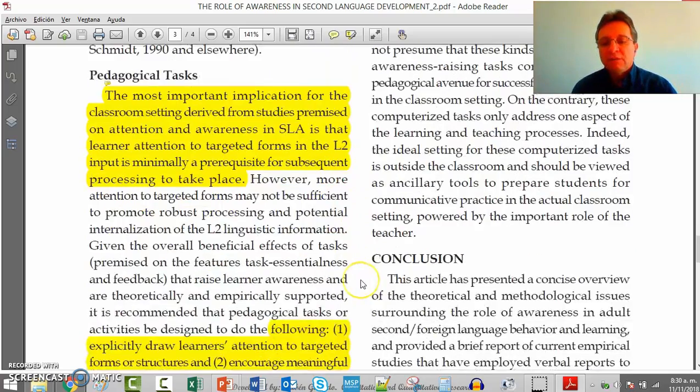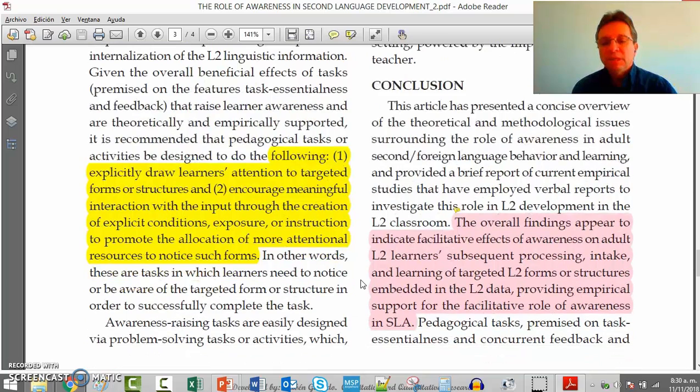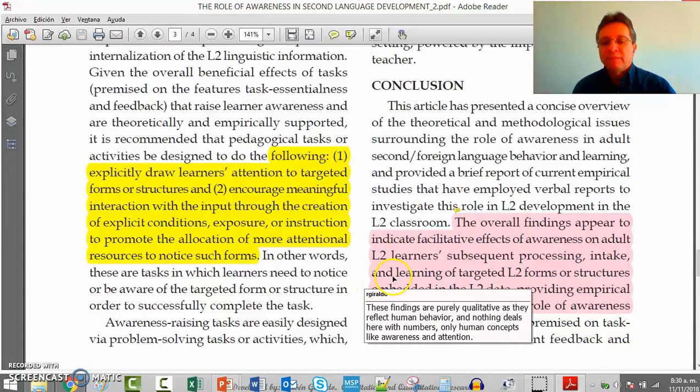And within the conclusion, some of the findings appear to indicate facilitative effects of awareness on adult L2 learners' subsequent processing, intake, and learning of targeted L2 forms or structures embedded in the L2 data, providing empirical support for the facilitative role of awareness in SLA.